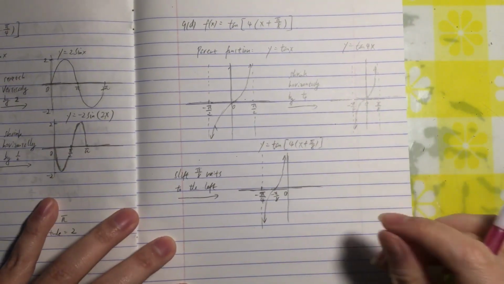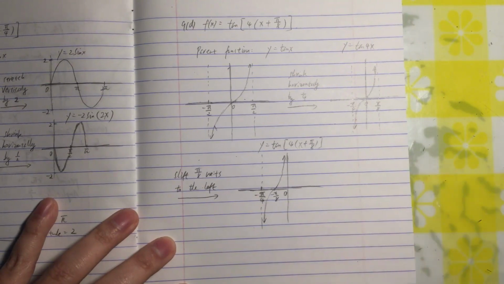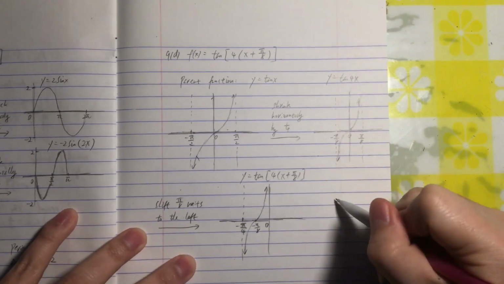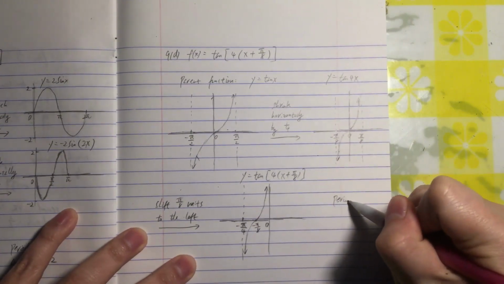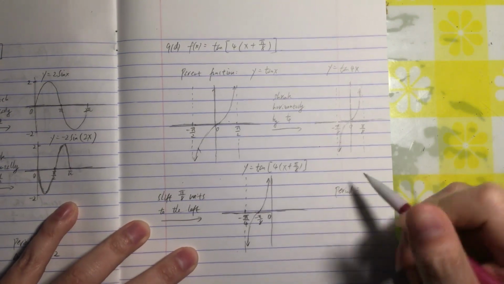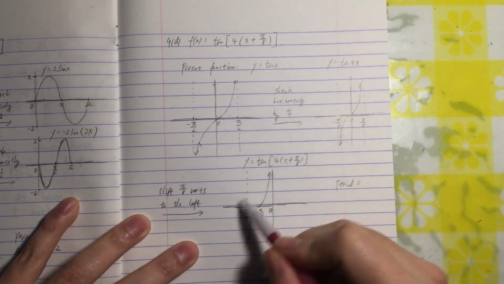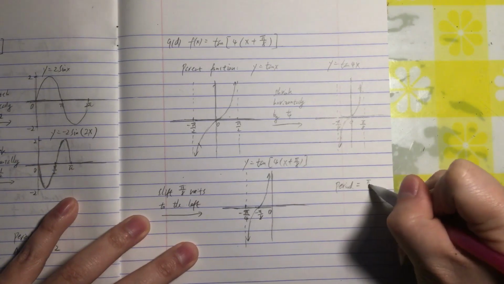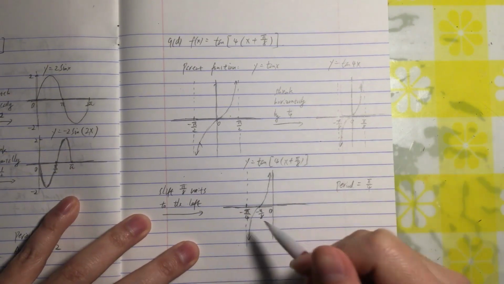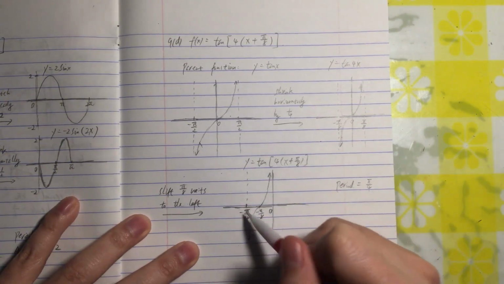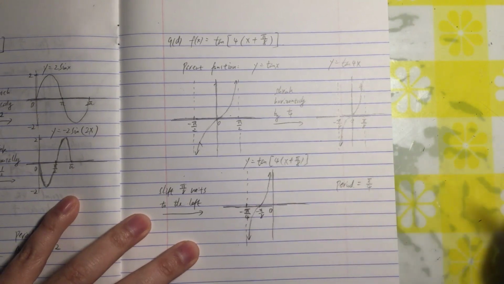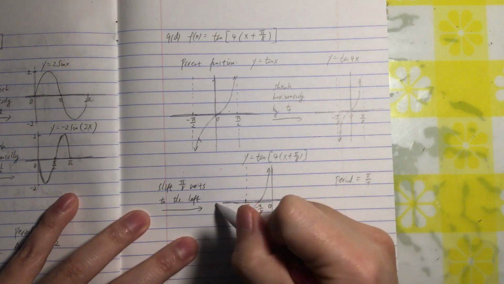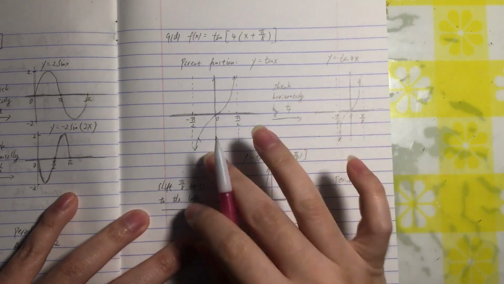So based on this graph, we can see that for the tangent function, there's no amplitude. Its period is the distance from 0 to negative pi over 4, which is pi over 4. And also, for the tangent function, there are infinitely many such pieces.